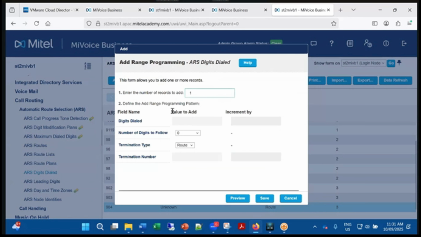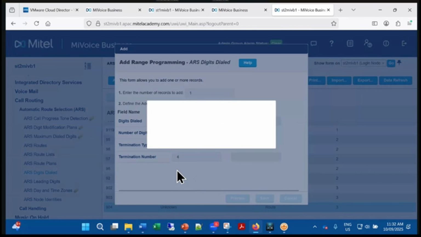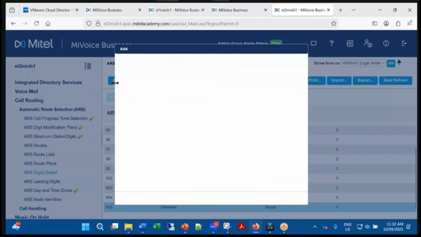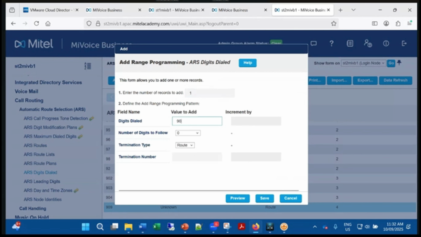And mobile numbers is 909. Unknown. Go out on route 4. International 002. So 9002. Unknown. Goes out on route 5.